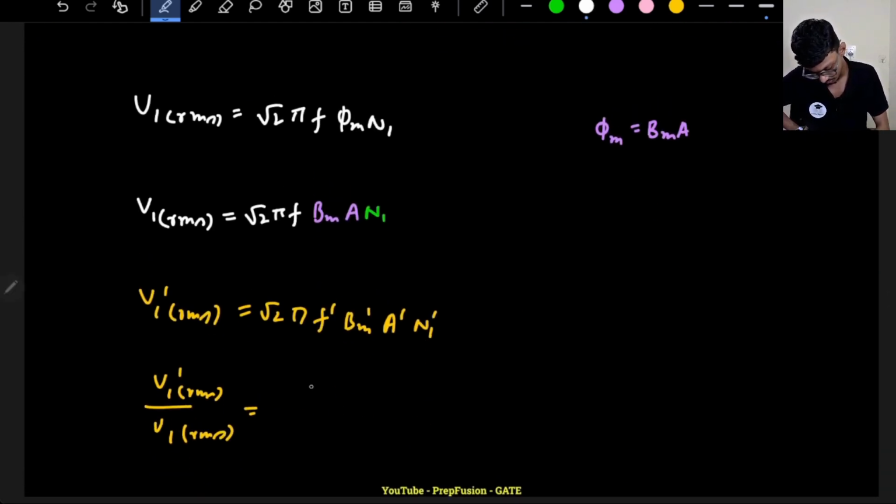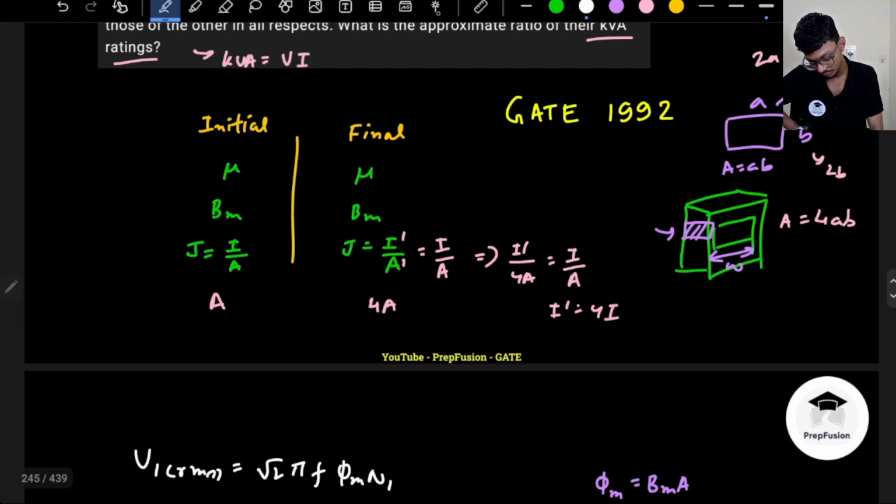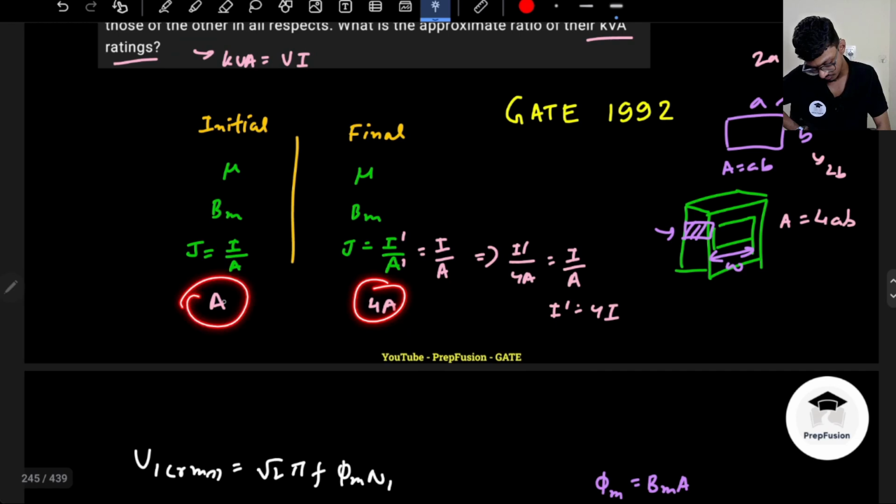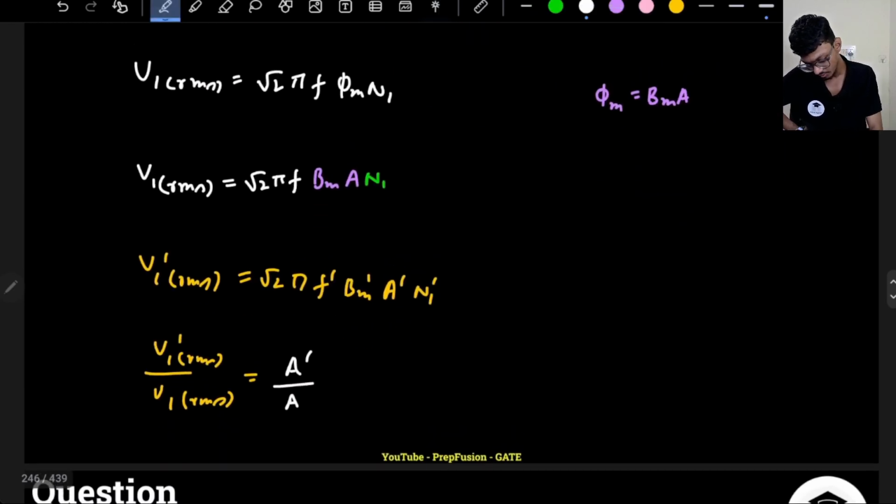This will get cancelled, and Bm dash and Bm are the same because they are operating in the same flux density. It will be equal to A dash by A, that's it. A dash by A is 4. So V1 dash RMS also increases 4 times, quadruples. So this will be 4 into V1 RMS.